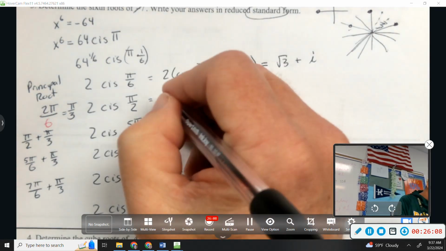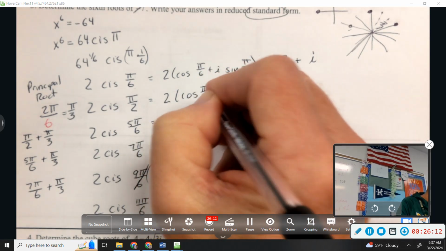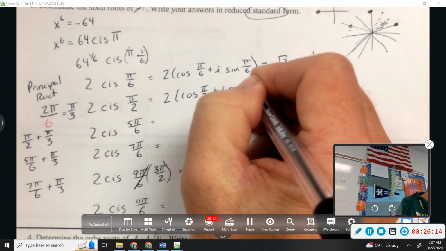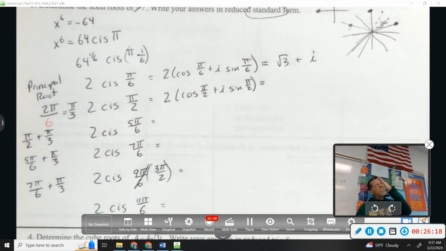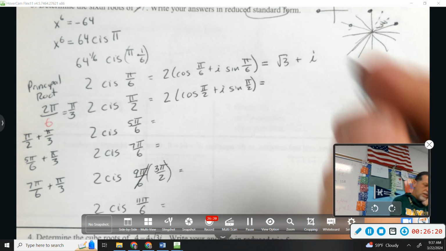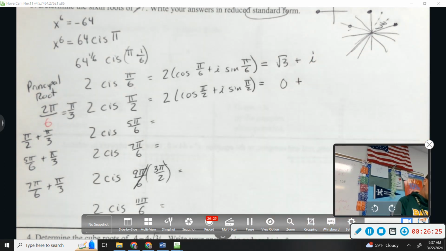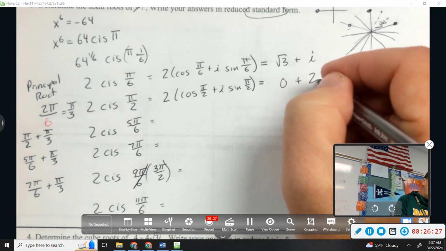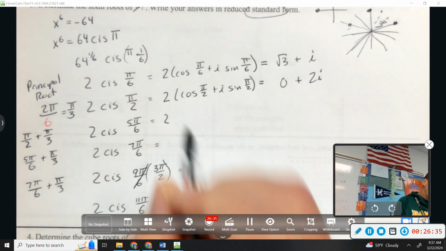There's probably going to be another pattern on here somewhere. Maybe not, though. Cosine pi over 2 plus i sine pi over 2. Cosine pi over 2 is 0. Sine of pi over 2 is 1, so 2i. Wait, why is it 2i? Because of the 2 up front.